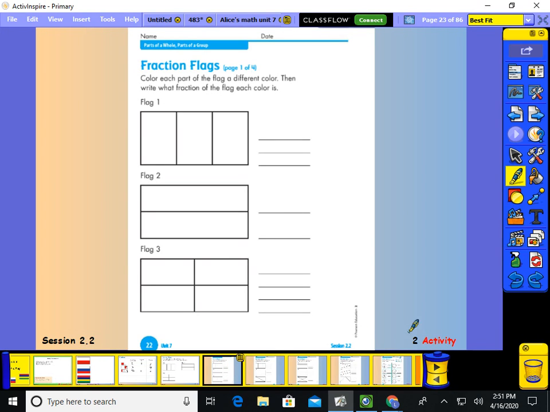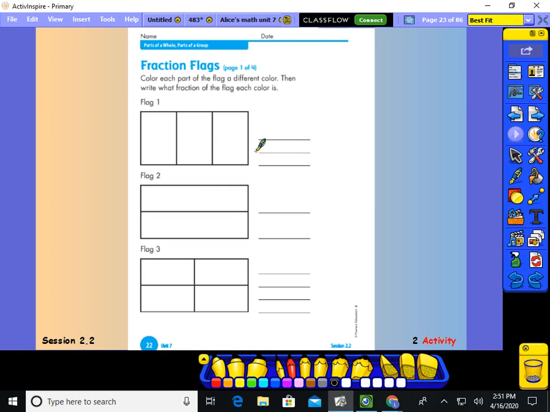Throughout this whole Unit 7, they talk about flags. They use these rectangles as fractions. If we were at school, we would be doing a lot of these pages where they have students color each part of the flag a different color. And for purposes of time, I'm going to use white as a color.